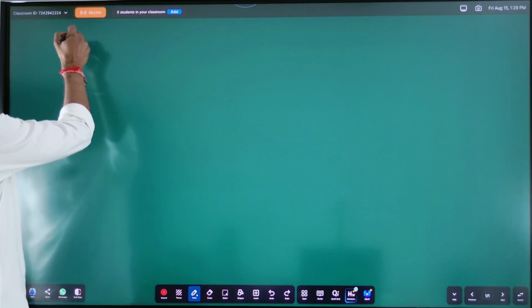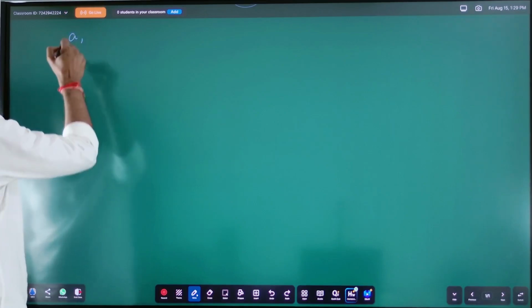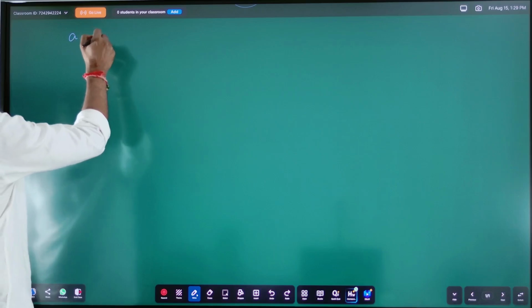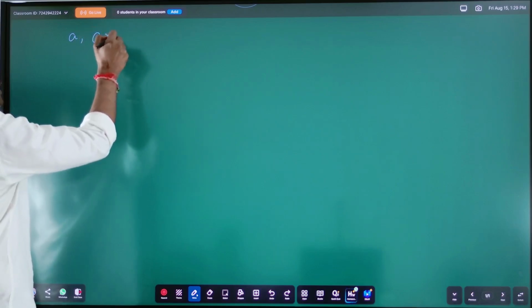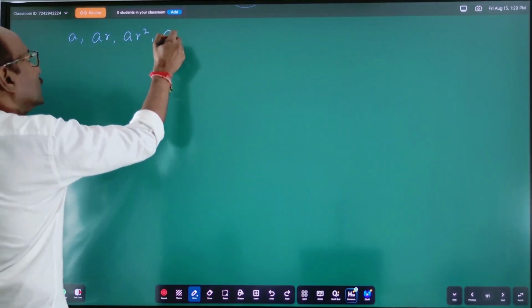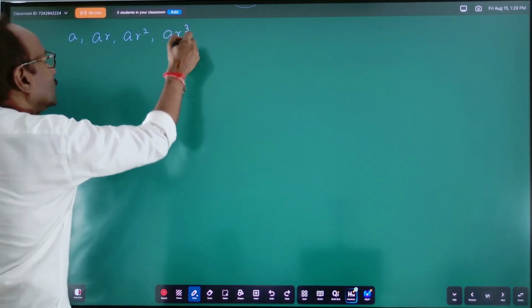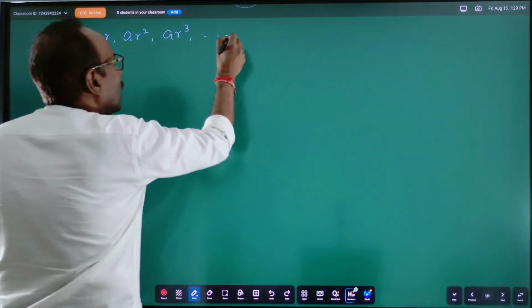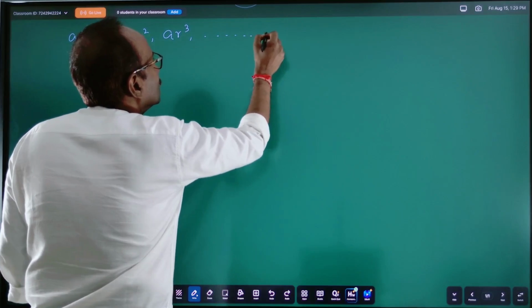Let us write a GP series whose first term is a, second term is ar, third term is ar square, fourth term is ar cube, and so on.